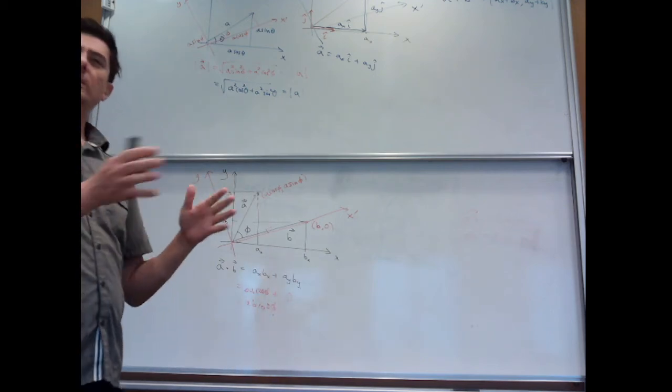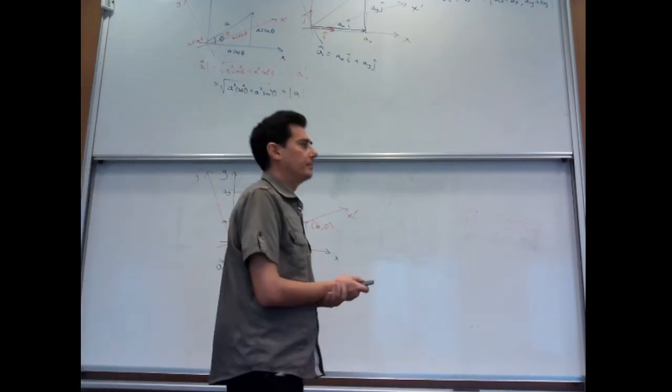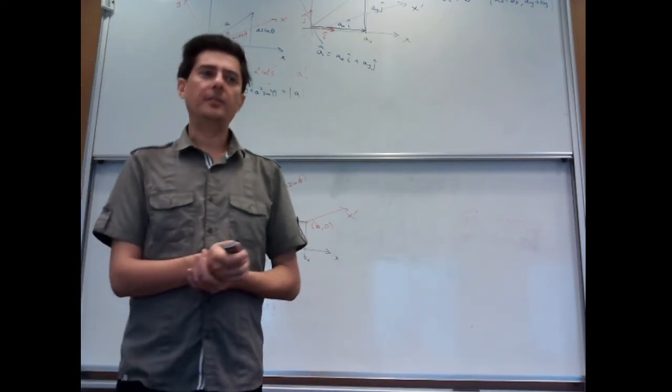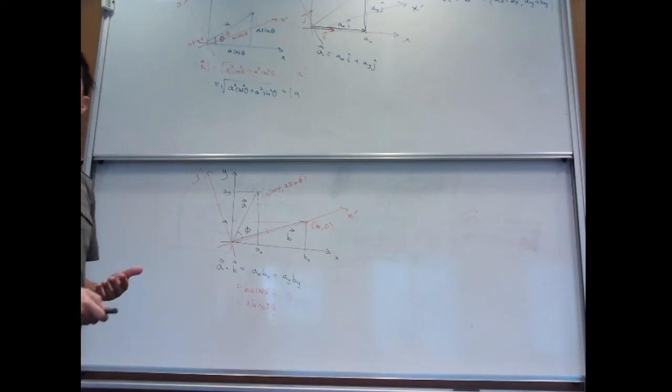Often you just learn that and you take it for granted that that's what it means. But actually it's sort of the wrong way around. The original definition has to do with multiplying the components and adding them, and this is a special case.